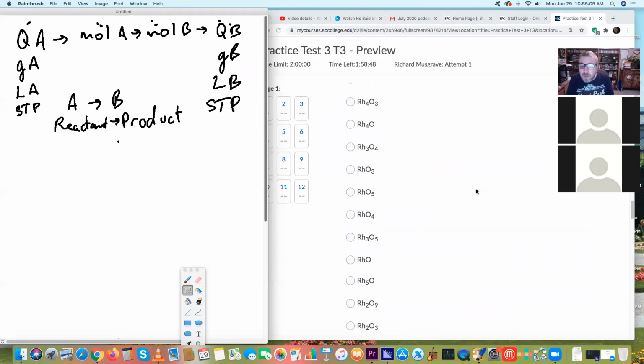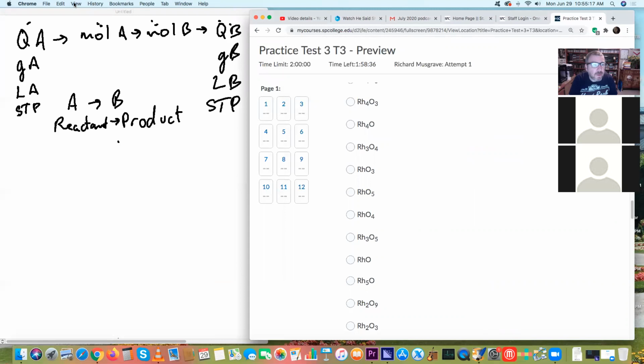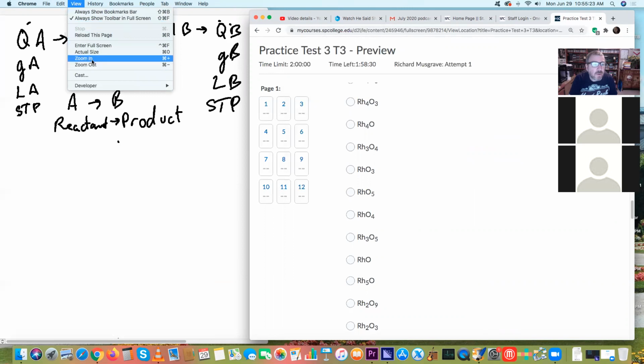And for anybody who's watching this who's on a PC, it's Control plus and Control minus. Oh, okay, good. Thank you so much. I think there's also in the settings here, view, you can look at the zoom in, zoom out. On Chrome?